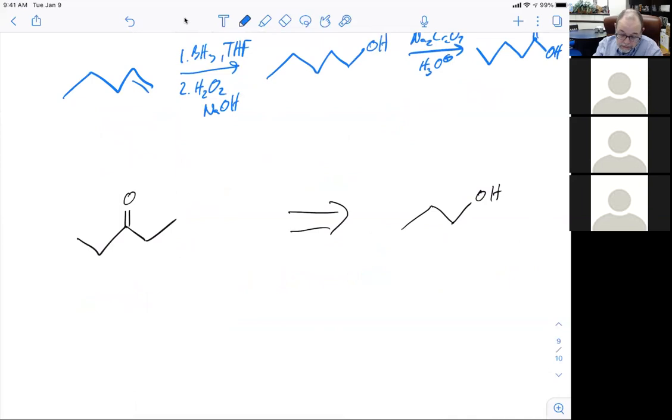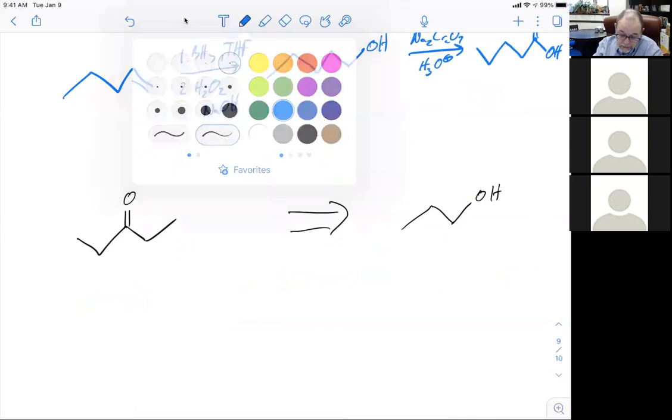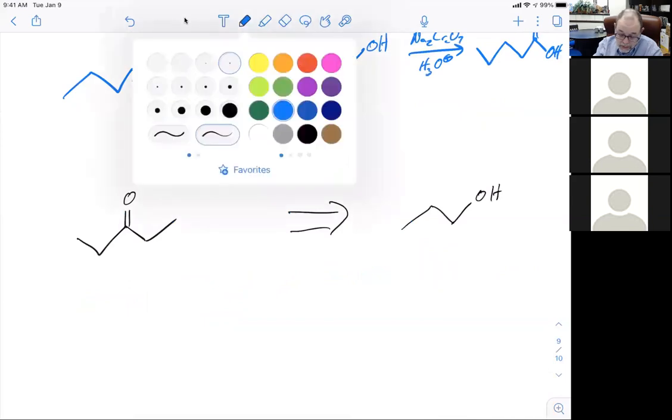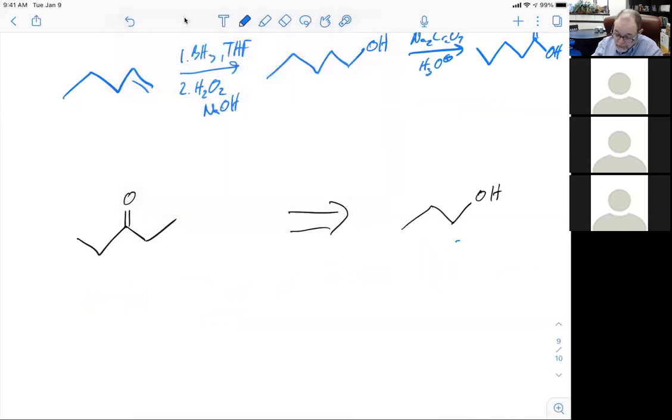On the second one, we're getting low on time, so I'll go ahead and answer this. We're starting with 3 carbons, but over here, we have 5 carbons. So we know we're going to have some type of change.